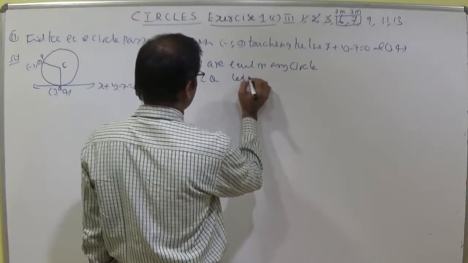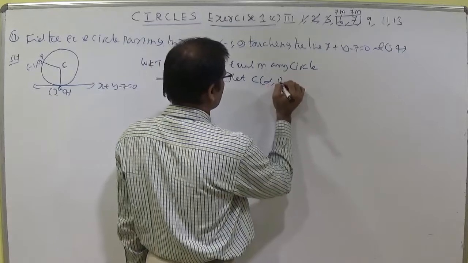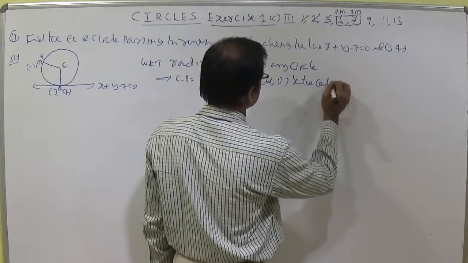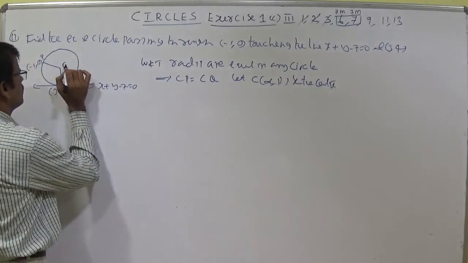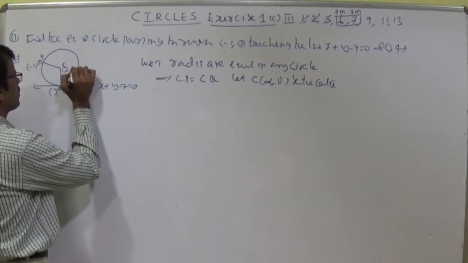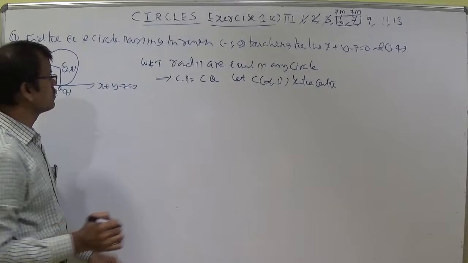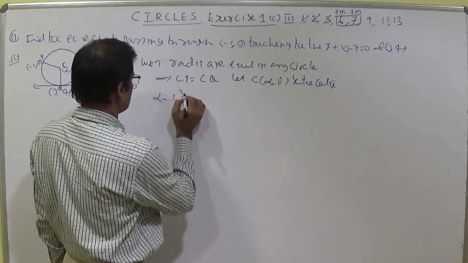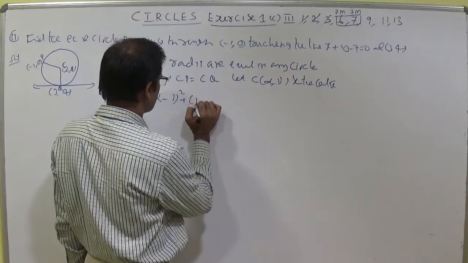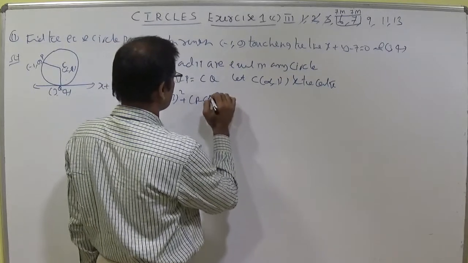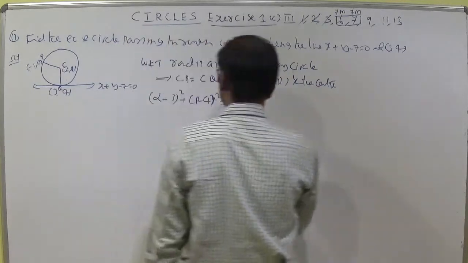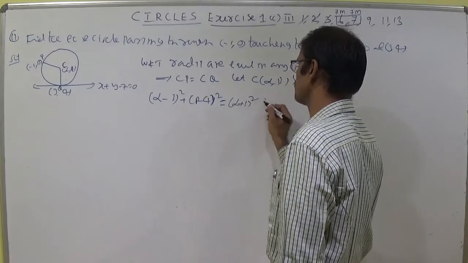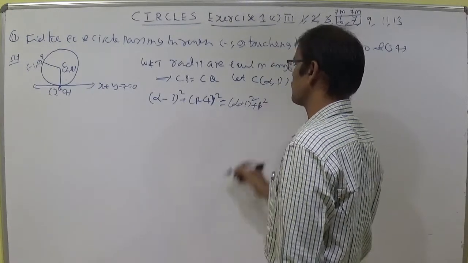Let C(alpha, beta) be the center. Using CP is equal to CQ, write the distance between them. Here you can write (alpha - 3)^2 + (beta - 4)^2 is equal to (alpha + 1)^2 + beta^2.